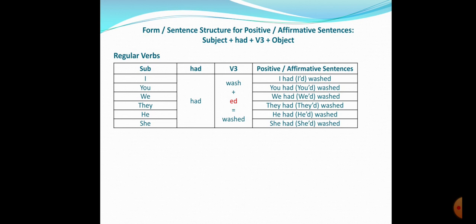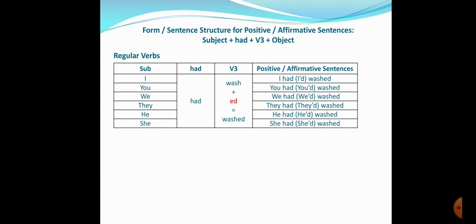Had, H-A-D, is the past tense of have. So here the subject can be I, you, we, they, he, she, it. Any of the subjects is there, you use had with it, and then you use the past participle V3 form of the verb, which is ed. So the base form is wash plus you add ed to it, so you get washed.